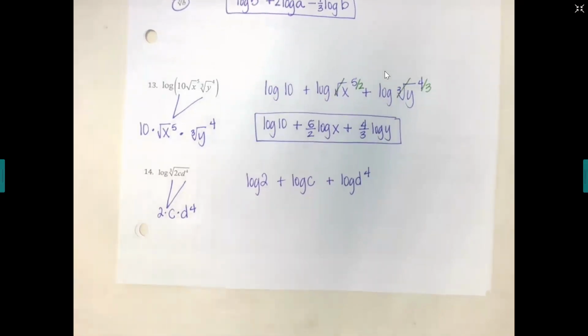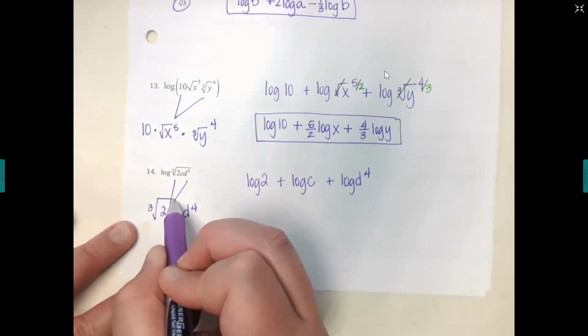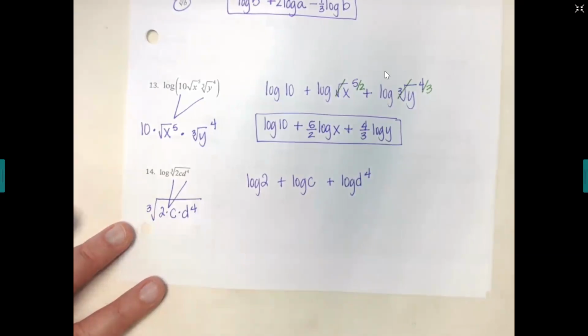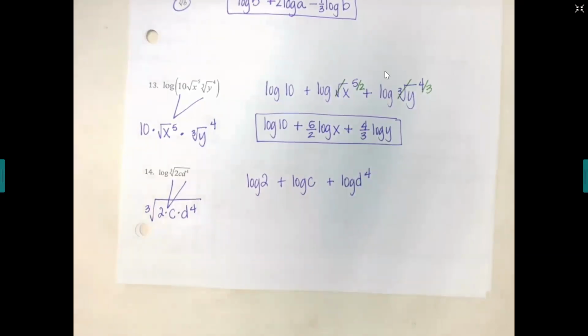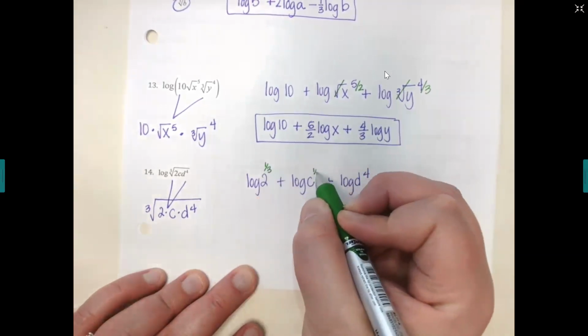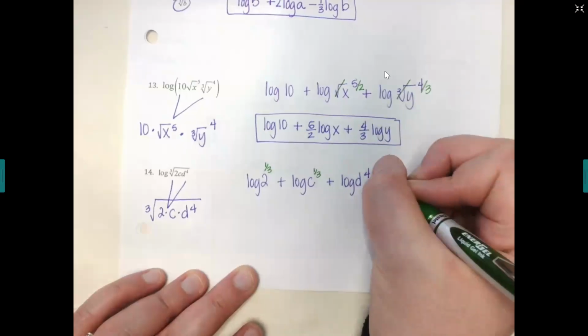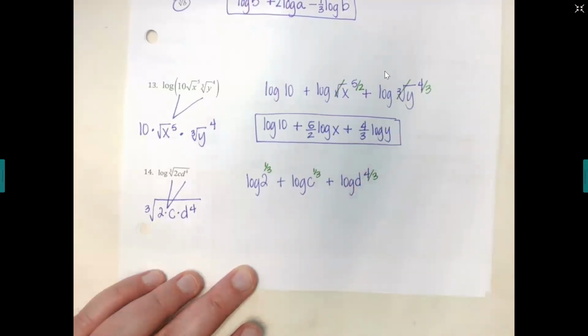Okay, but then all of those are inside what? A cubic root, right? So I want to make sure that when I apply my cubic root, that I apply it to everybody. And what is a cubic root the same as? What fraction power? 3rd. So I'm going to put a 3rd here, a 3rd here. And then if there's already a 4, I'll just put the 3rd on the 4.